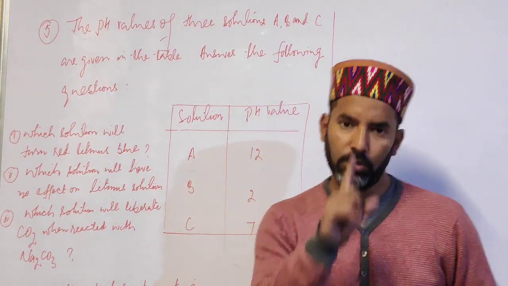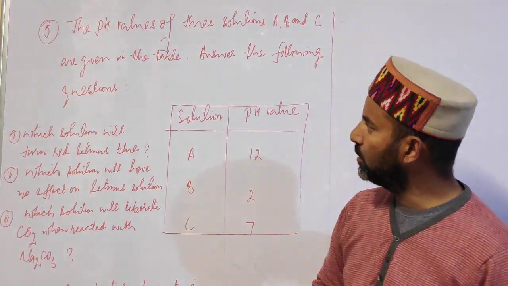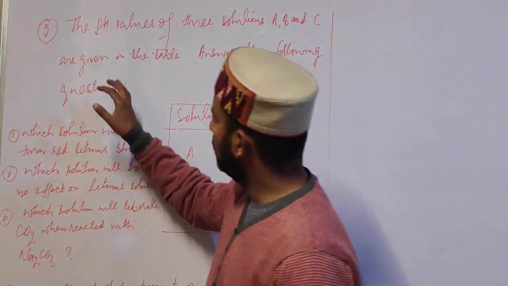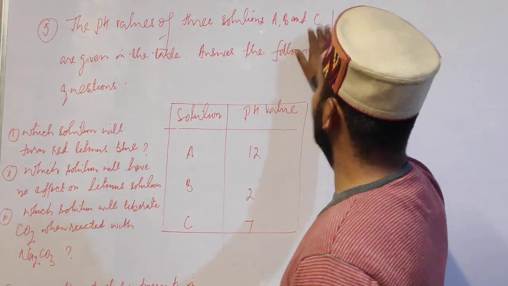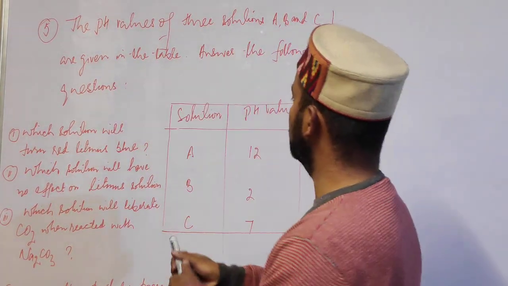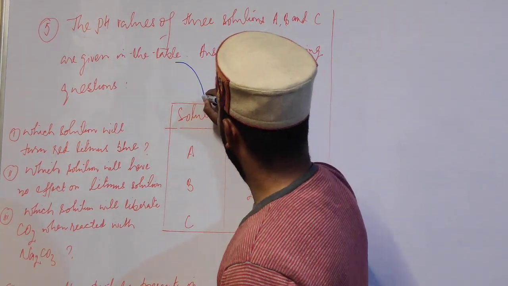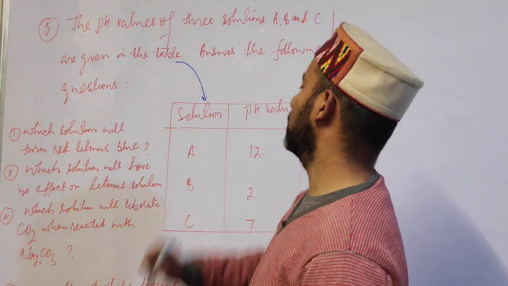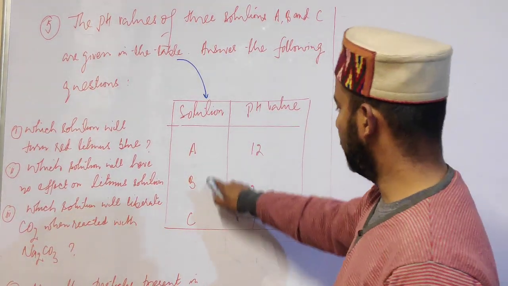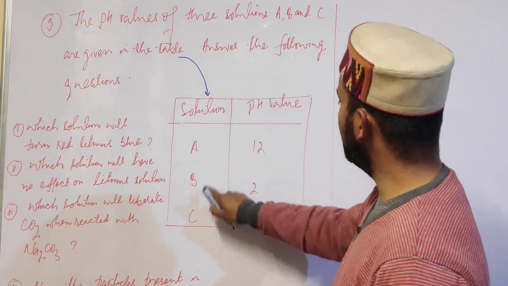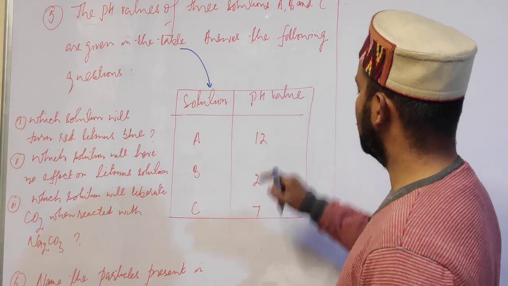Students, the next question from the 2019 ICSE exam was the pH values of three acid solutions A, B and C are given in the table. So this is the table, students, and answer the following questions. Now students, see this table. We have three solutions A, B and C and their pH values are given.